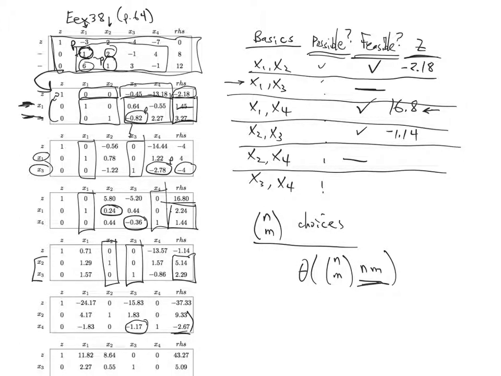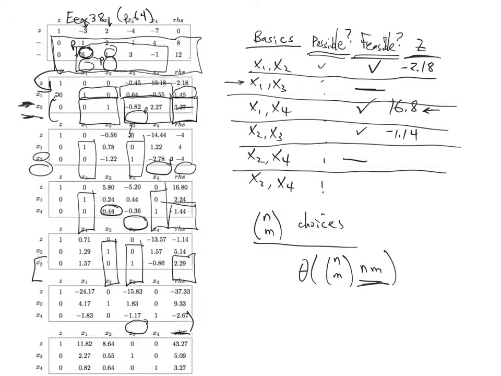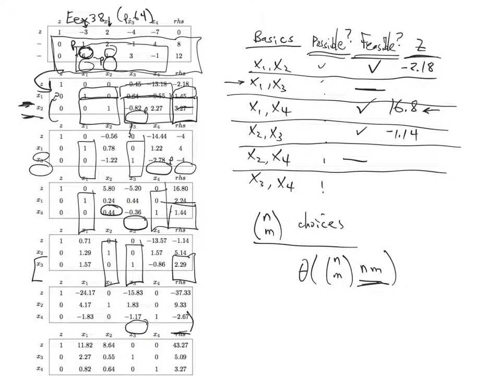And then down here, it turns out, I'll just show you this and then put it back. It turns out that this last tableau has positive values, 5.09 and 3.27. Right? Oh, great.